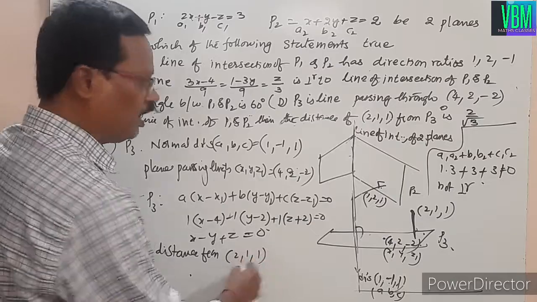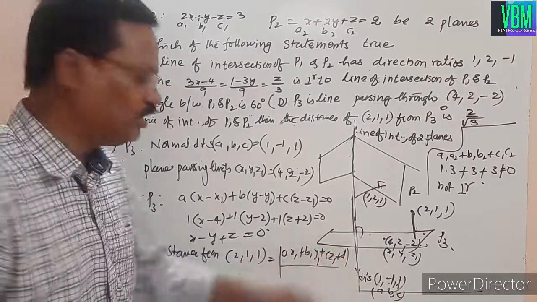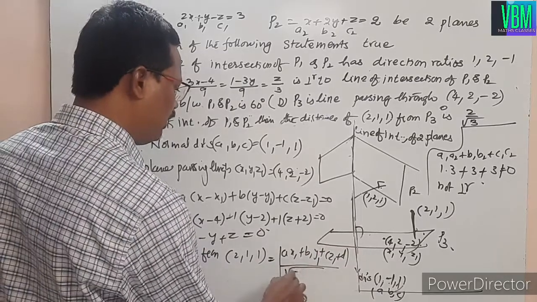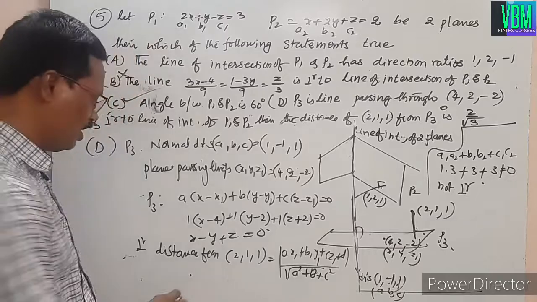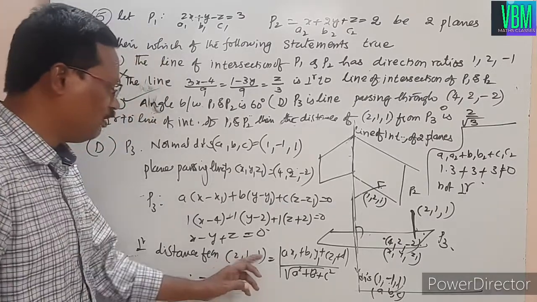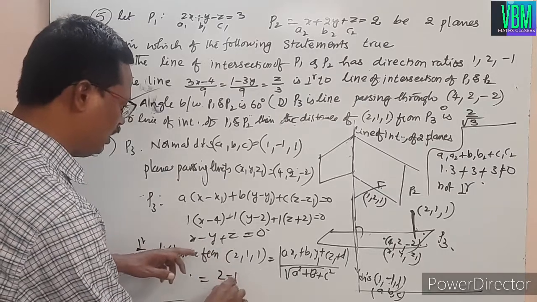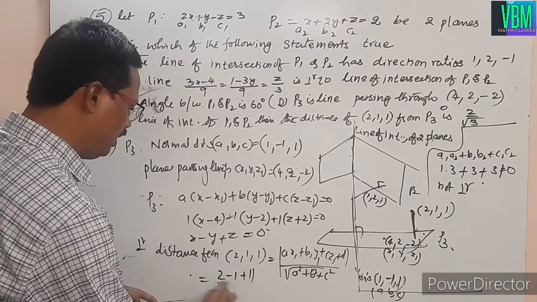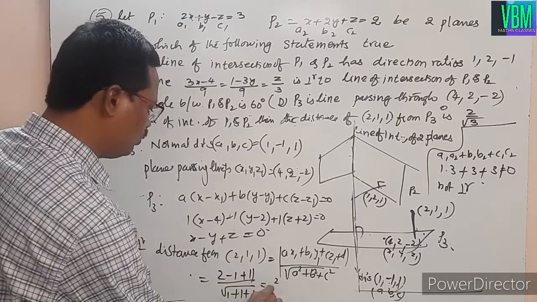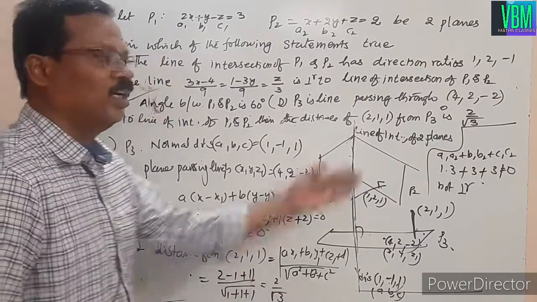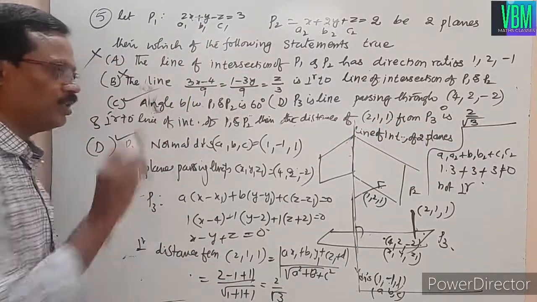Apply the formula: a x1 plus b y1 plus c z1 plus d by under root of a square plus b square plus c square. Now, the distance from 2, 1, 1 to this plane, with x coordinate 2, y coordinate 1, z coordinate 1, by under root of a square plus b square plus c square, is 2 upon root 3. What they gave is also the same. Therefore option D is correct.